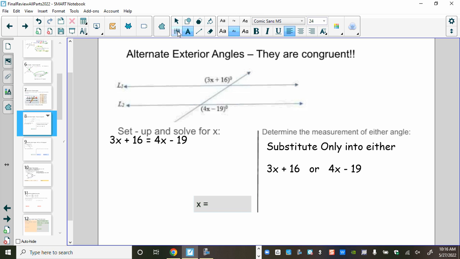All right, so Alex is saying 35. Let's check it out. You should get a whole number for it. That should be a minus, so you gotta add 19 to both sides.